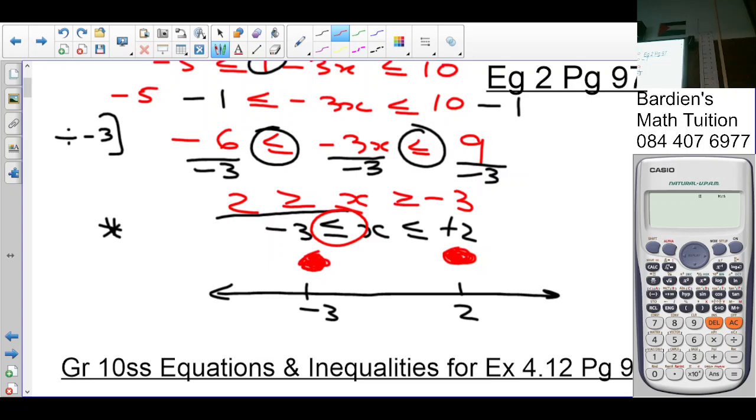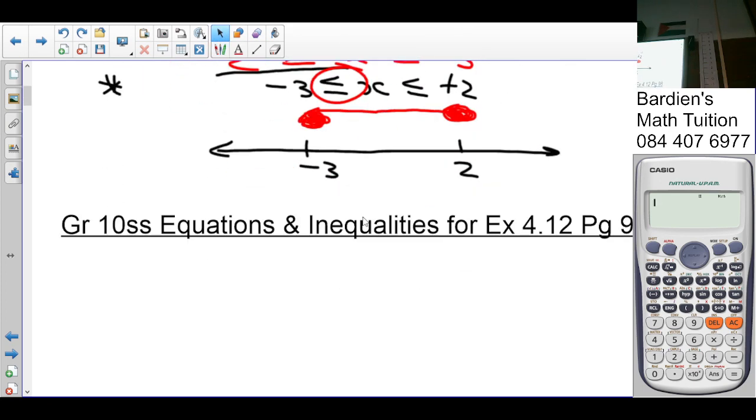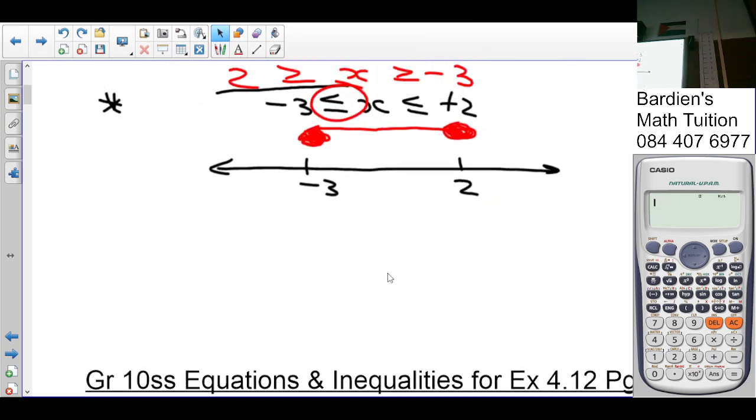So in other words, x must be greater than or equal to negative 3, but less than or equal to 2. You guys understand? So they meet. Just to show you something of importance, since he's talking about meeting.